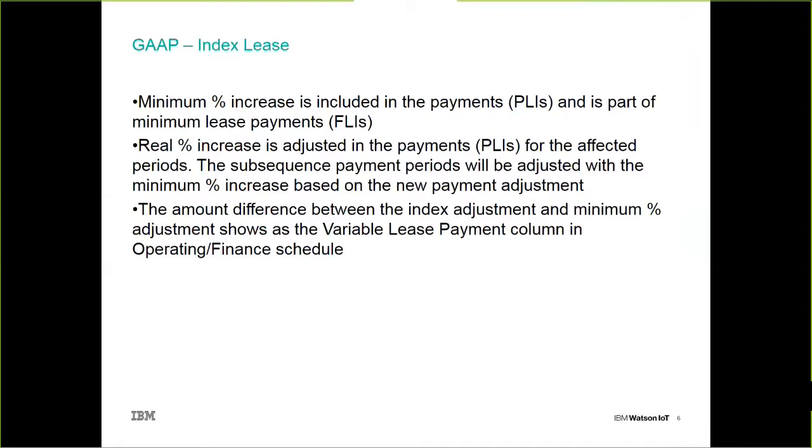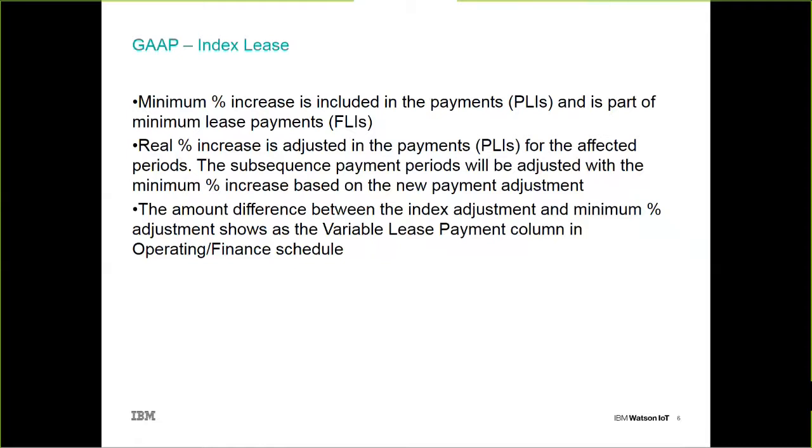So now when you set the index clause to have a minimum percent increase, the minimum percent will be applied, and it is going to be included in the payments, which is on the payment line items. And it's going to be part of the minimum lease payment, which is the net rent amount on the fiscal line items.